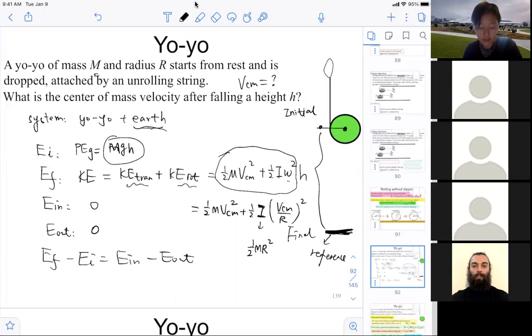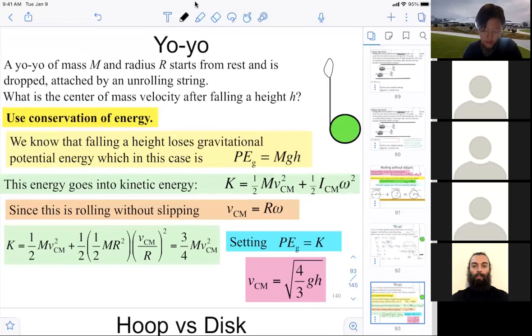Once you do that, you can see everything is a given quantity. M is given, R is given, H is given. The one thing you don't know is V, the center of the mass speed, and you can solve for that. So the final result is given here, that if you plug in I and omega, you can set the potential energy equal to kinetic from the conservation of energy equation, and you can calculate the center of the mass speed.